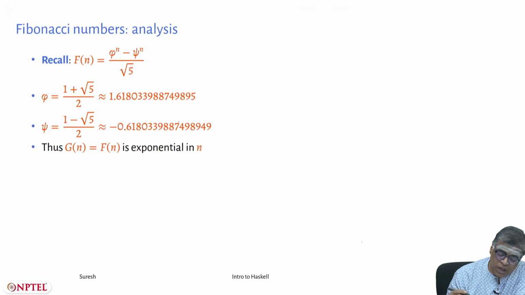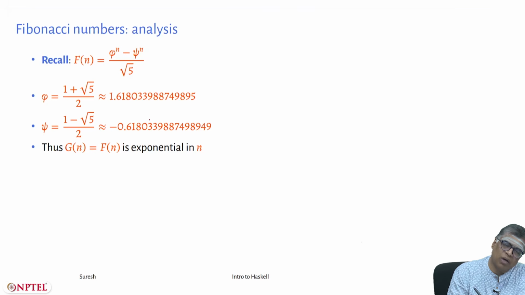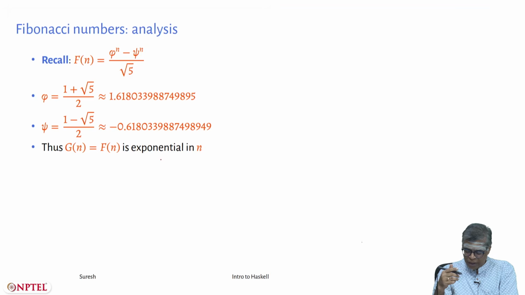So therefore, it is clear that g of n being equal to f of n, f of n is exponential in n, because it is like 1.5 raised to the n. Earlier we had some estimate that f of n should at least be 2 to the n by 2, right, and that is root 2 power n, which is 1.414 power n, but this is 1.618 power n. So, this is a more precise estimate, if you will.